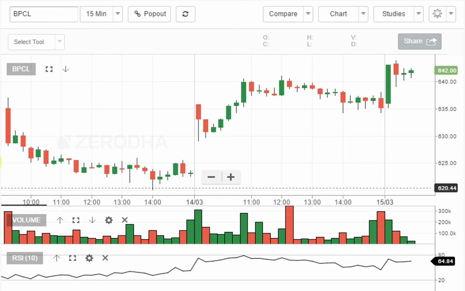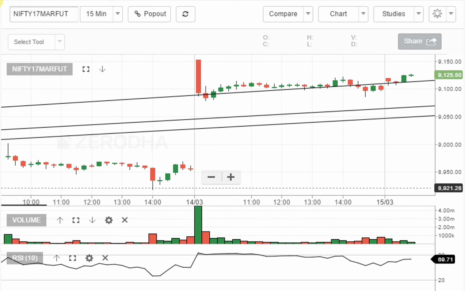BPCL at 641.8, a little bit down. Even Union Bank is down from 151.5. It is at 150.35. Same levels. Good.